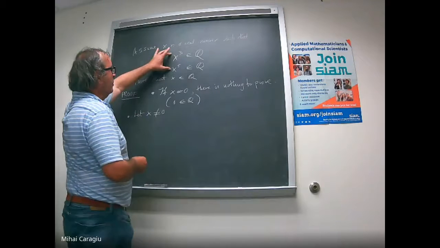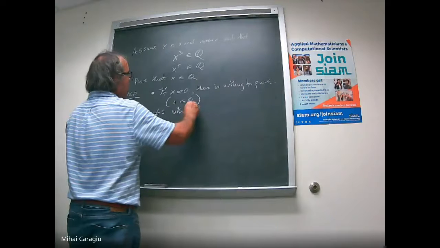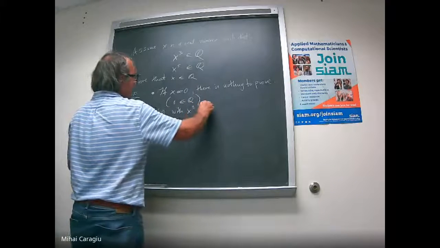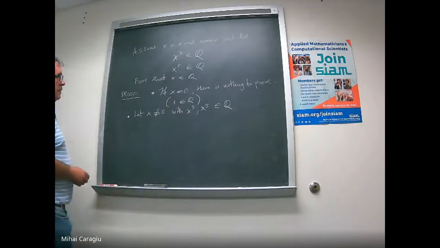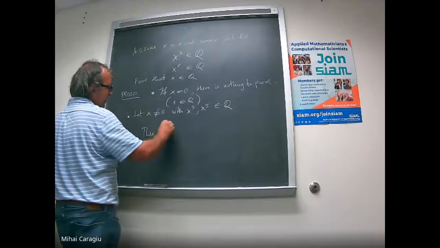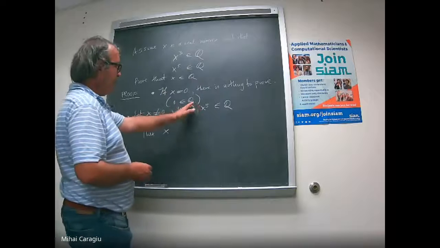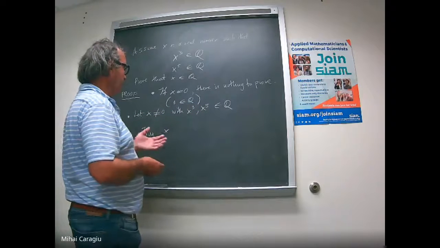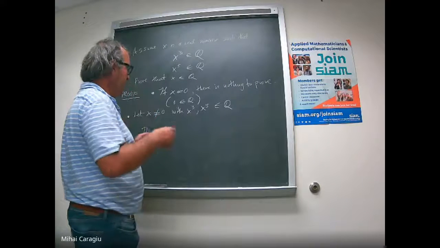Let's assume the two premises, with x cubed and x to the power 5 rational numbers. Then, if we divide, how can we get x to be rational? Well, try to find a mathematical combination of x cubed and x to the power 5 producing x.